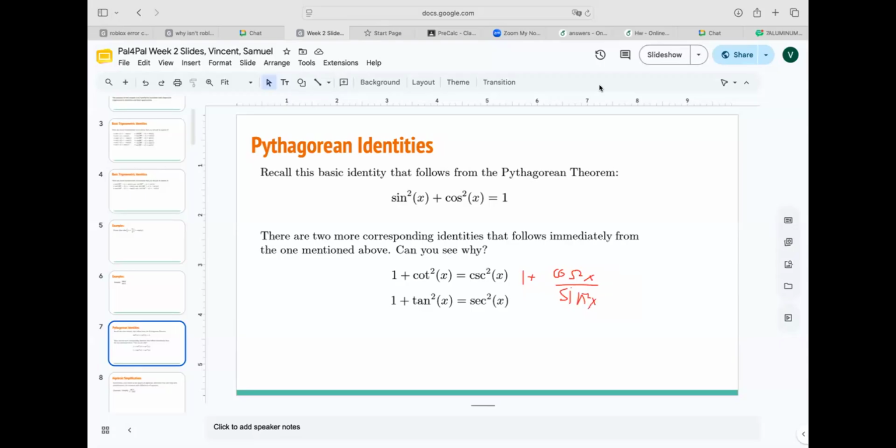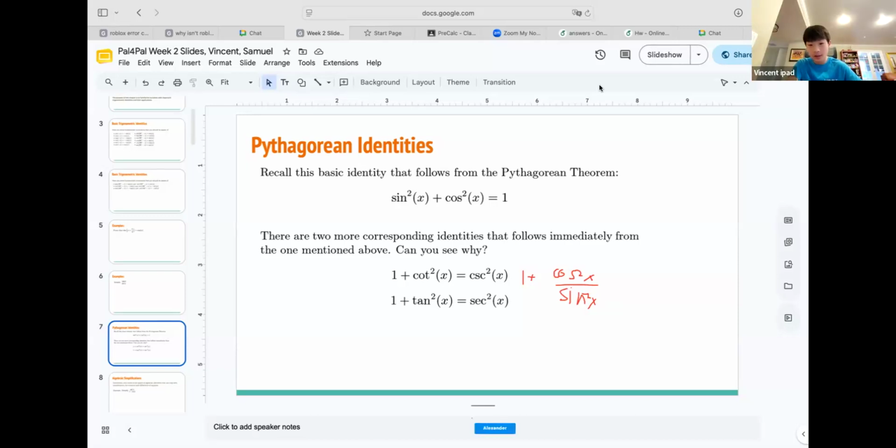So then that would be equal to 1 over sine squared x, which is cosecant squared x. The second one, basically we have sine squared x plus cosine squared x over cosine squared x, which is equal to secant squared x. Yeah, that's correct. Good job.